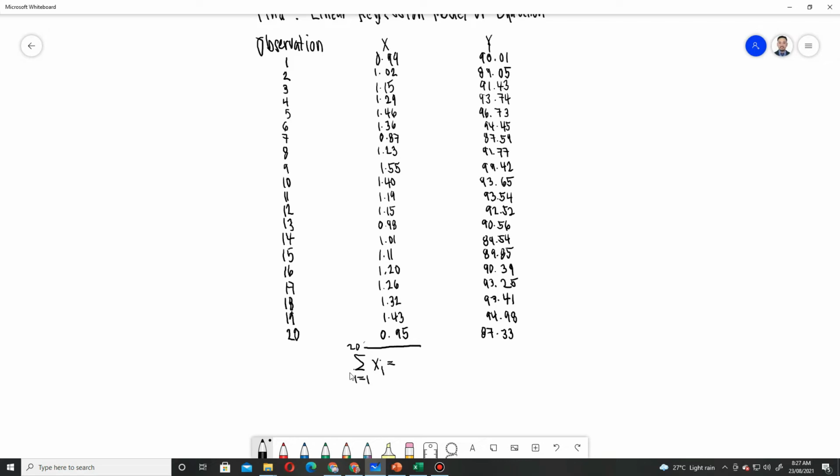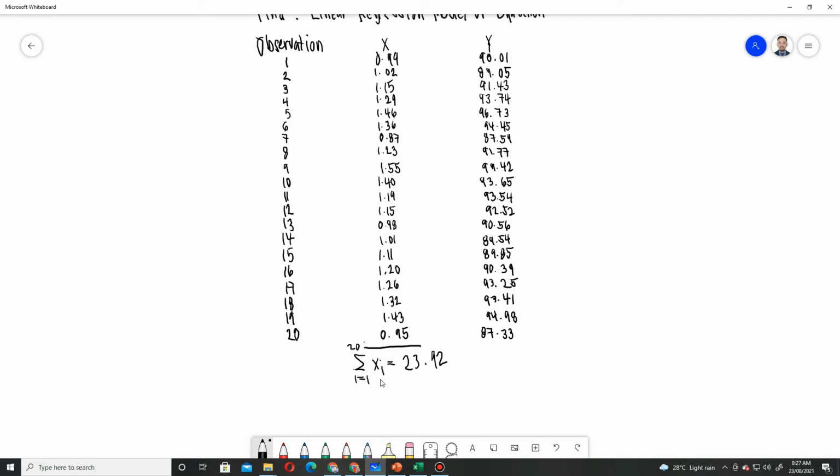This will be the summation from observation 1 to 20, and it is represented by x sub i. So the total, when you get the sum, is 23.92 in 2 decimal places.